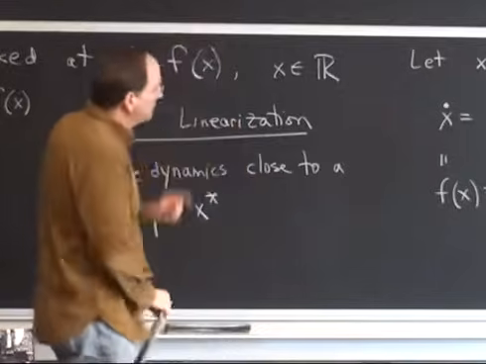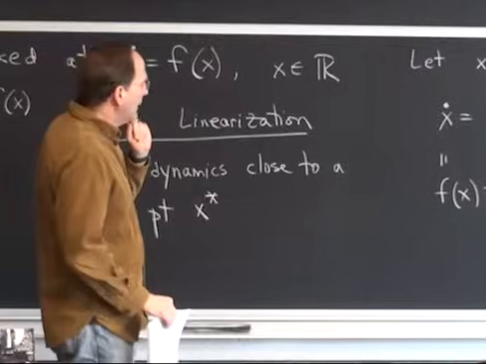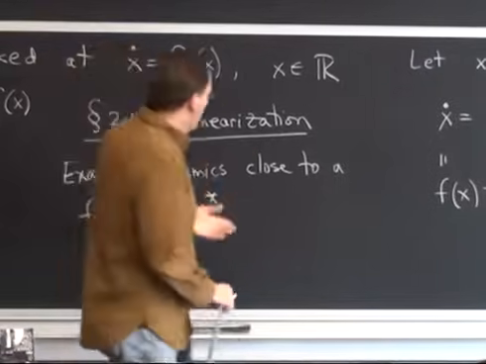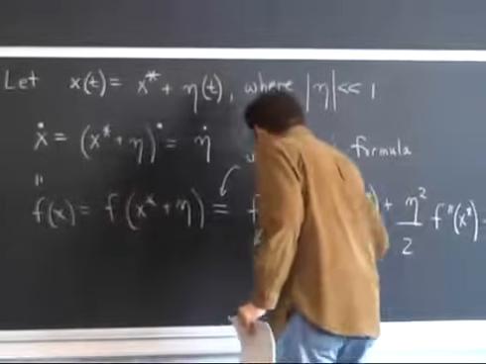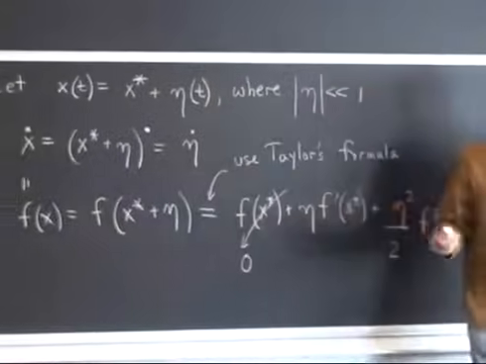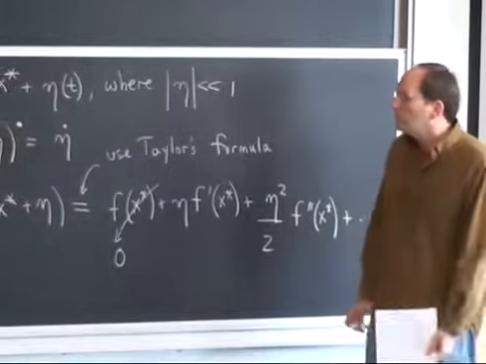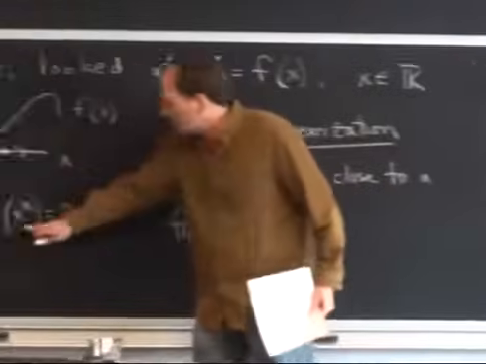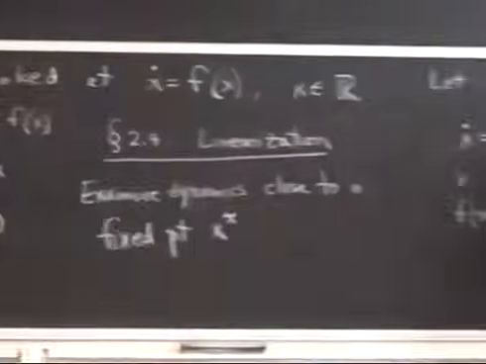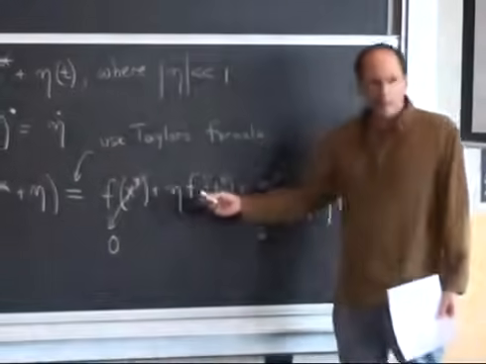Okay. So, all right, let's look at this expression over here on the right. Well, first of all, f of x star, notice, is 0 because we said we're not just linearizing around any old point, we're linearizing around a fixed point. So we already have f of x star is 0, as I mentioned over here. Okay, so that gets rid of that constant term. This term is linear in eta, so this is why we speak of the linearization.